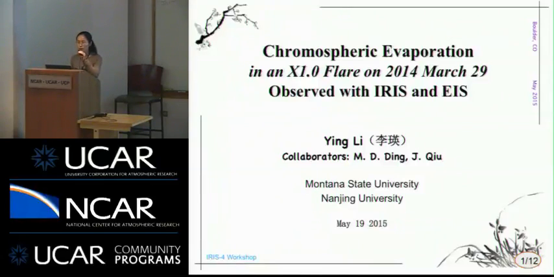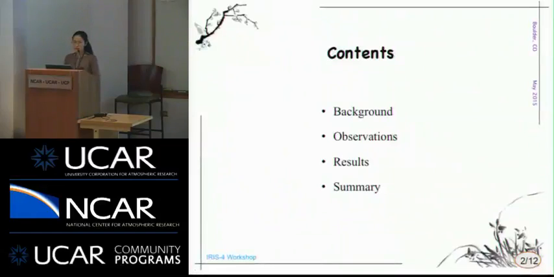Good morning, everyone. I'm going to talk about chromospheric evaporation in the famous X1 flare on March 29th last year, observed with IRIS and Hinode EIS. In the following, I will first briefly introduce some background on chromospheric evaporation and then present observations from IRIS and EIS.